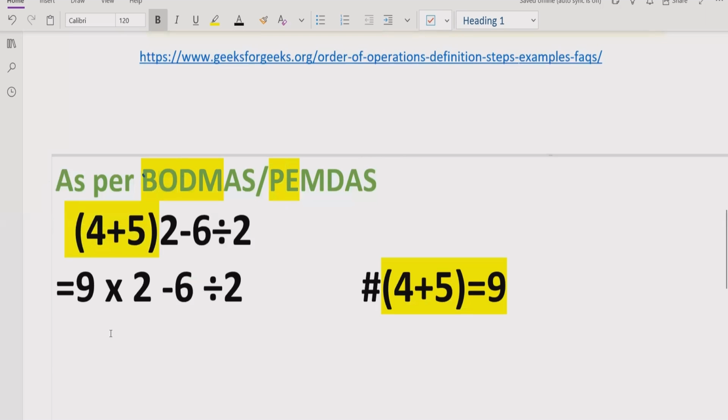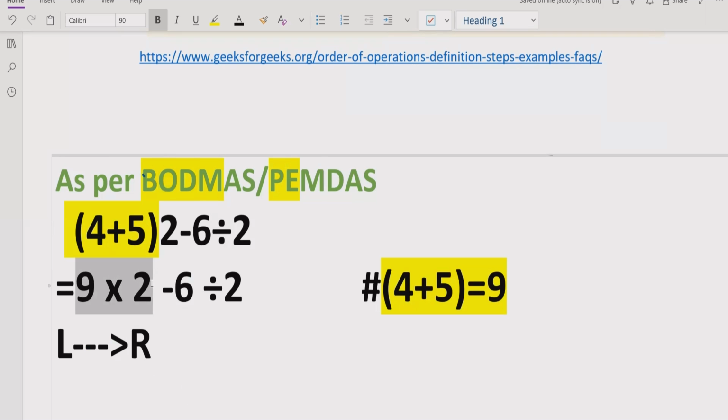As I told you, you have to go left to right and see which operation is coming first. Whether you are using BODMAS or PEMDAS, you solve the first operation.